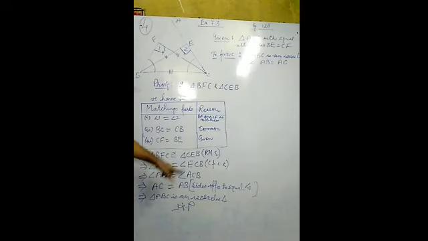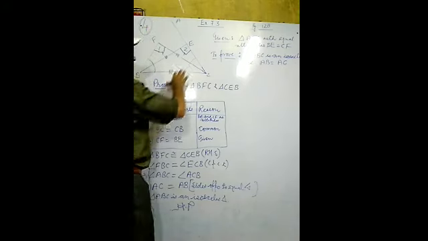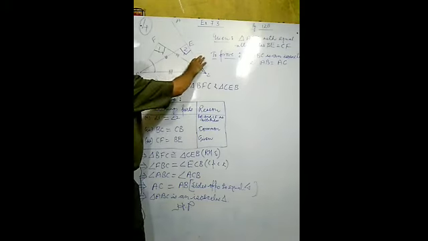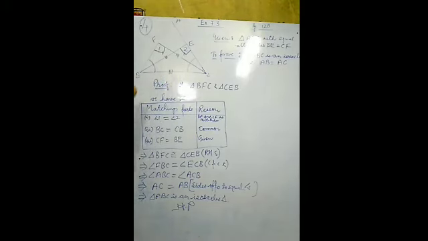Now both the angles are equal. If both the angles are equal, what about their opposite sides? Considering triangle ABC, both these angles are equal. It means if two angles are equal, what about their opposite sides?